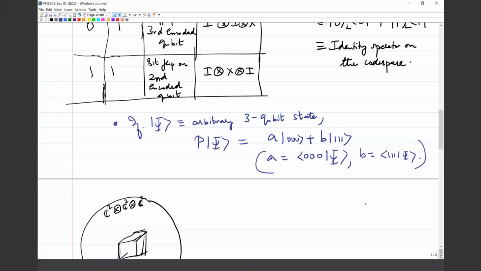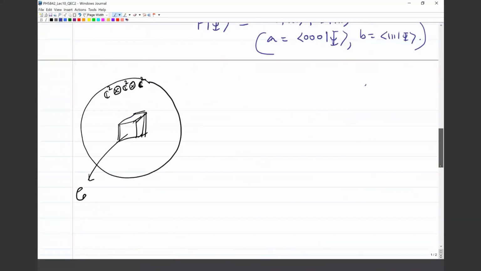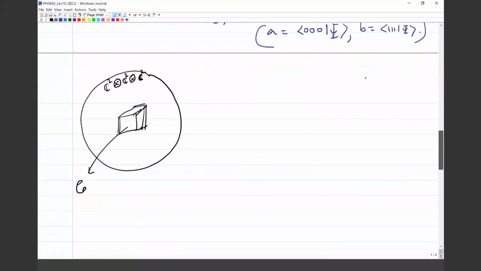It's useful to think in terms of this projector because now you can go ahead and see what these different errors do. And I think I drew this picture also. This picture becomes important to understand because this is what will help us identify error correction conditions. So when is a code an error correcting code for a particular kind of noise?